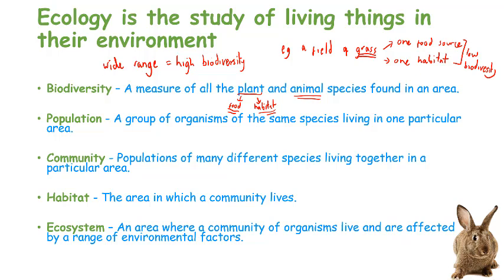Now, the next one that we've got is a population, which is a group of organisms of the same species living in one particular area. And a community is populations of many different species living together in a particular area. So, for example, if we take the forest as an example, within the forest, you could have a population of squirrels or populations of rabbits.